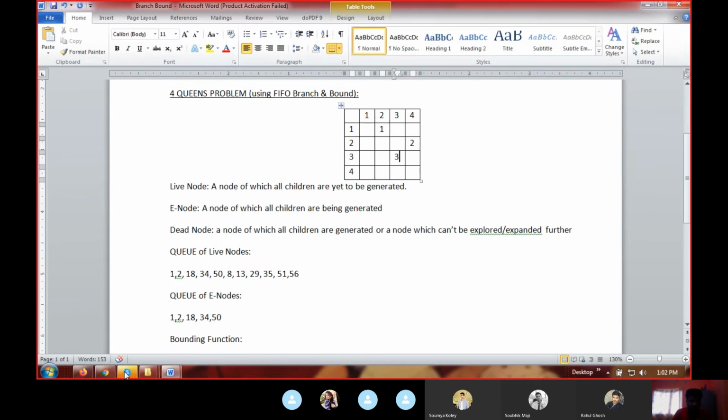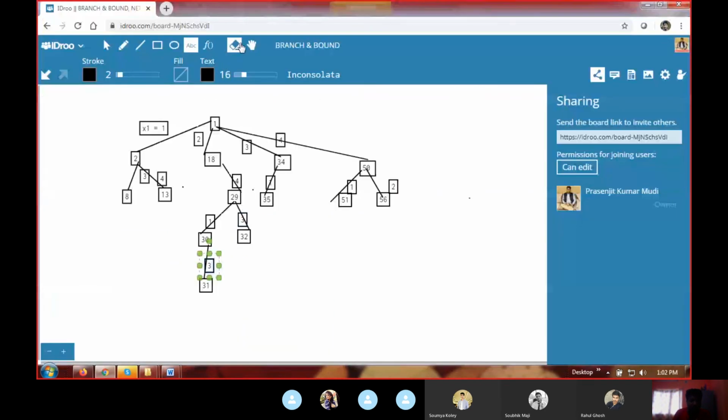So this node can't be generated. So only this path we have.